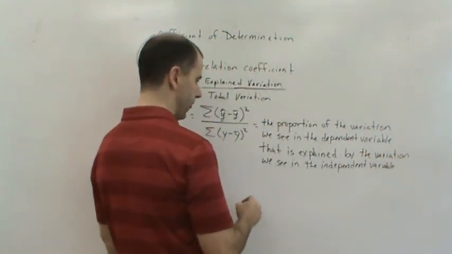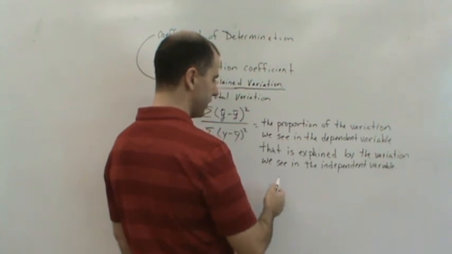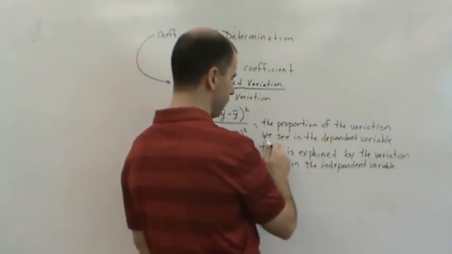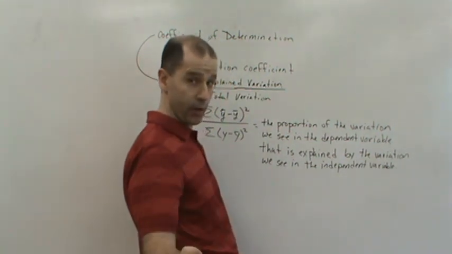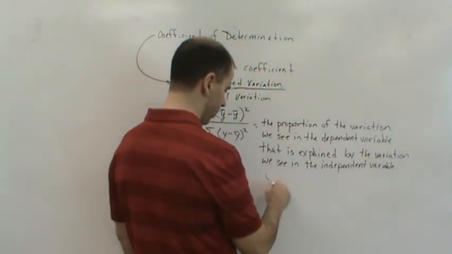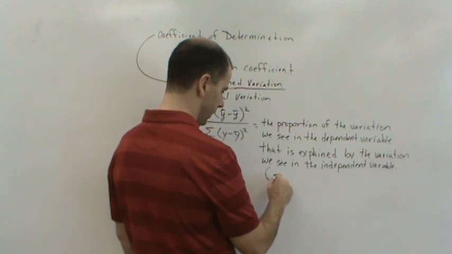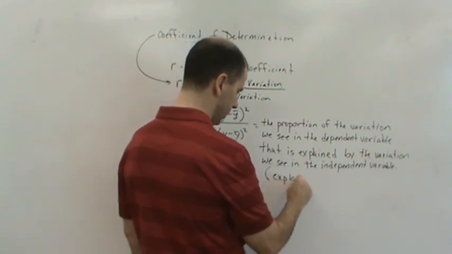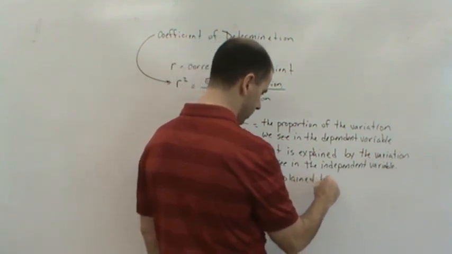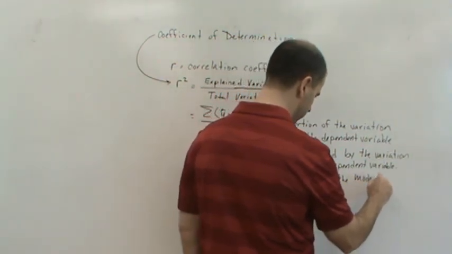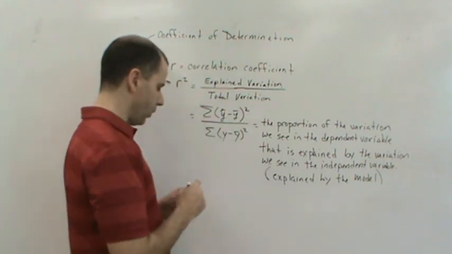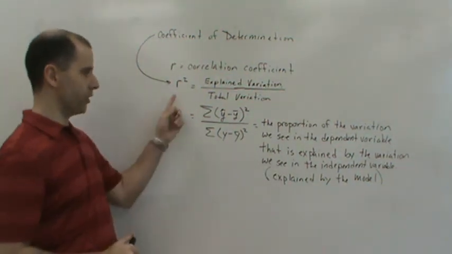In other words, another way of saying it is the proportion of variation we see in the dependent variable that is explained by our regression model. Okay, so that is the definition of R squared.